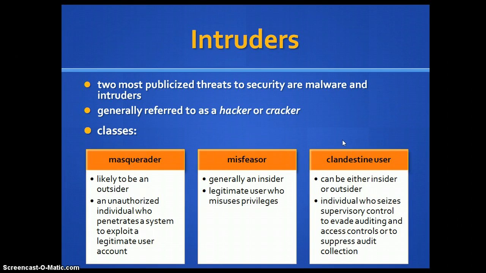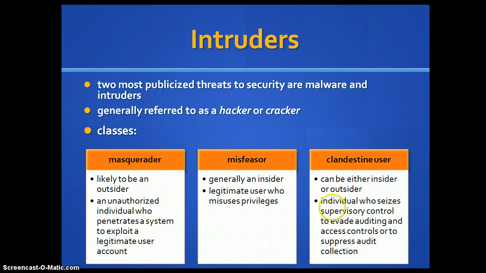let's start here to define the different types of intruder. When we talk about intruders, we have mainly two types, or the two most publicized threats to security, which are malware and intruders.